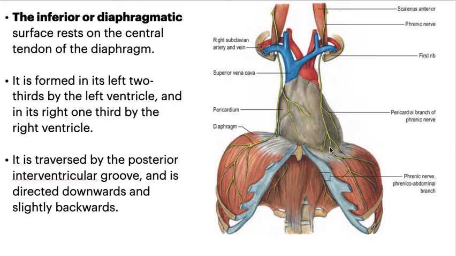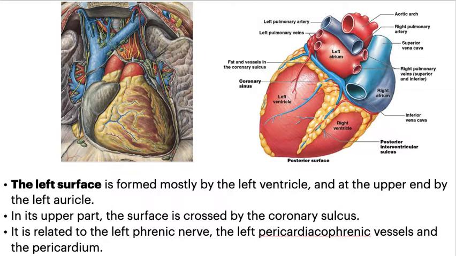The inferior or the diaphragmatic surface rests on the central tendon of the diaphragm, as you can see, formed in its left 2/3 by the left ventricle and right 1/3 by the right ventricle, traversed by the posterior interventricular groove and directed downwards and slightly backwards. The left surface is formed mainly by the left ventricle and the upper end of the left auricle.